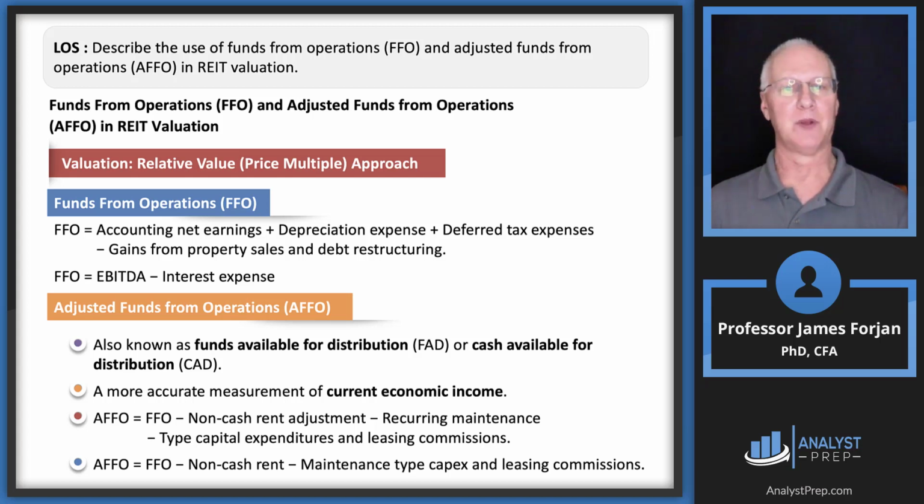And then we're going to add depreciation expense. We're going to add deferred tax expenses. And so remember, CFA Institute, they don't really require us to be CPAs, but they want us to think like CPAs. So I'm guessing that they would just throw deferred tax expenses in there and you'd have to add it. And then gains from property sales and any debt restructuring in there. Now, we can look at this from kind of a more global perspective. If we're given earnings before interest and taxes and depreciation and amortization, then all we need to do is take out interest expense.